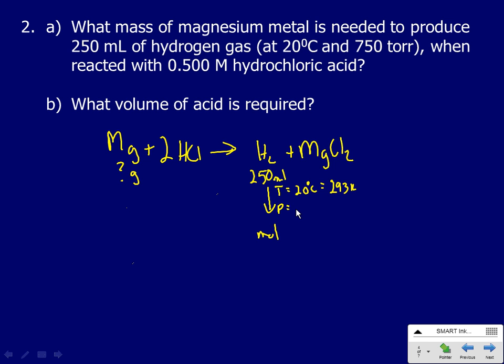Pressure. This is going to get squishy. 750 torr, which is the same as millimeters of mercury. I need to put a little tiny conversion factor in there. What goes on the top? What goes on the bottom? Carissa, what do you got? 101.3 kilopascals.